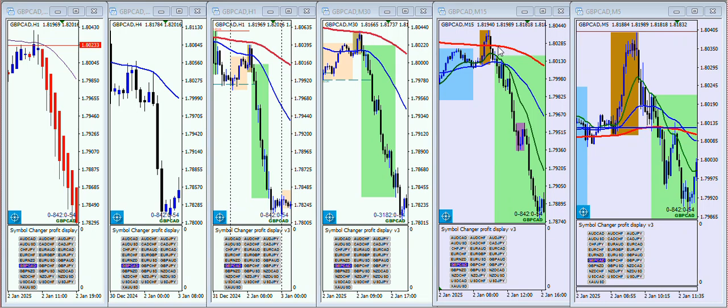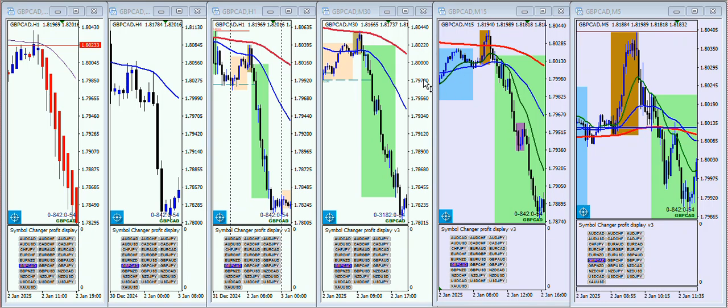Right. Then the next thing is I also want to see at least 2 time frames with moving averages alignment. That is, the 50 is below the 200 for a sell and the 50 is above the 200 for a buy.